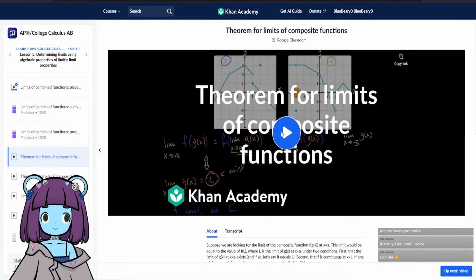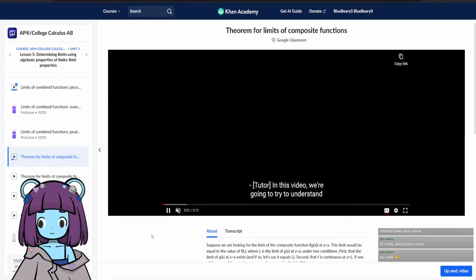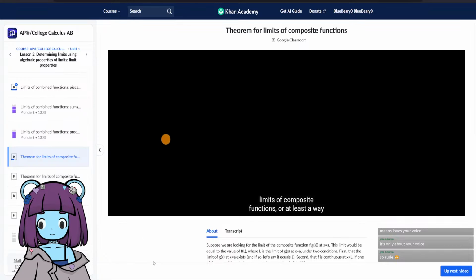Theorem. Interesting. So you have a function within a function.